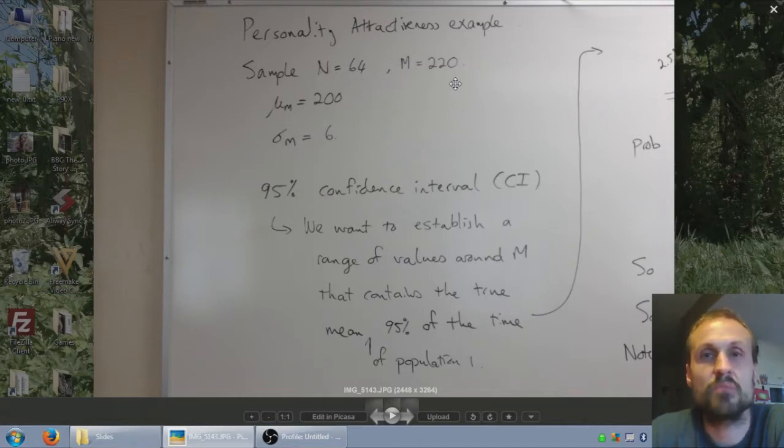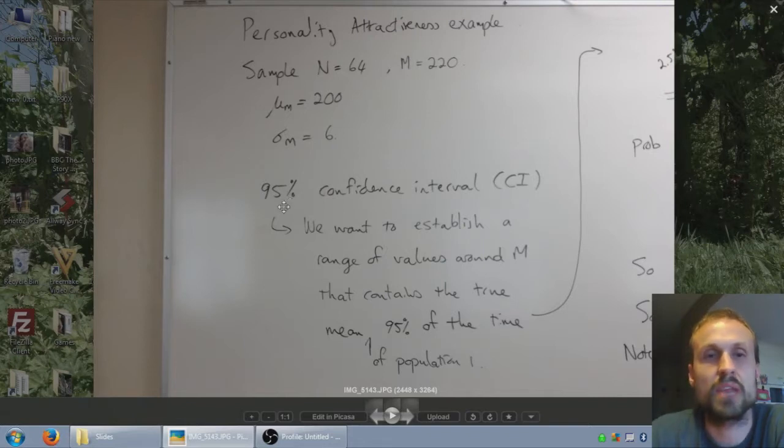and that gave me a sample mean of 220. That I'm now essentially comparing against my population mean of 200 to see if there is a significant increase, or if the sample suggests a change, a shift in population 1. And I also got the standard deviation of the distribution of means to be 6.